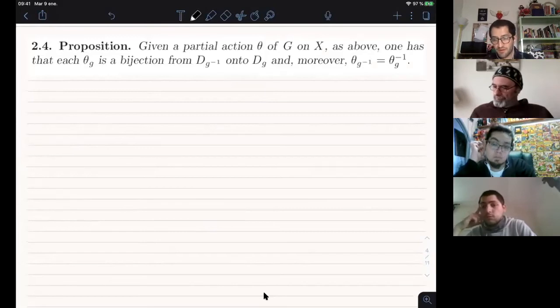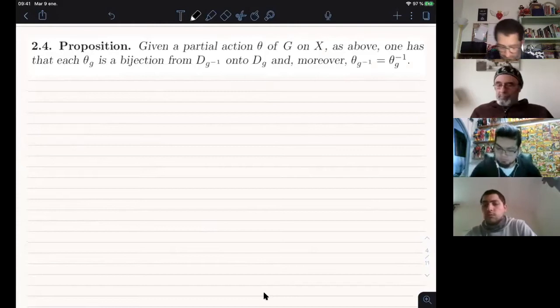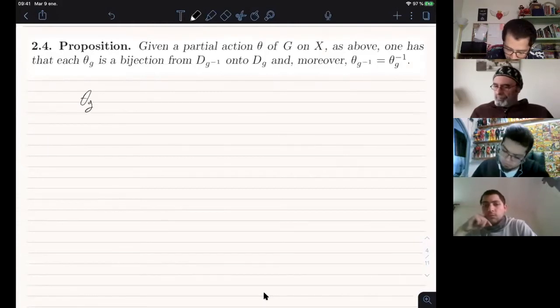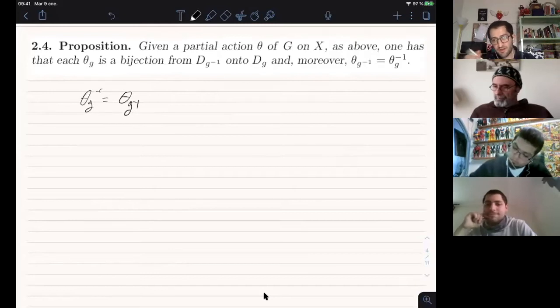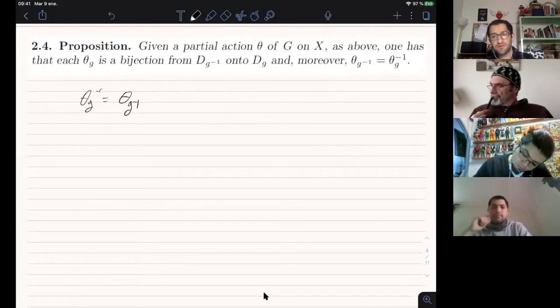In fact, they get very restricted. So what we have is that the inverse of every action is going to be what we feel is the action by the inverse element. And how do we prove this? By using condition 2.